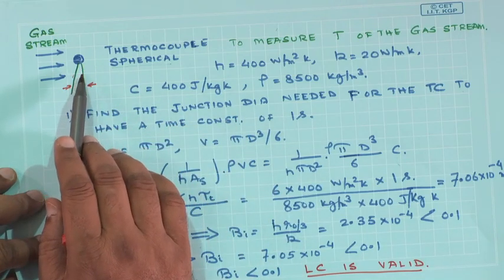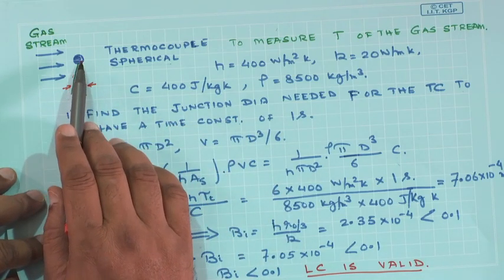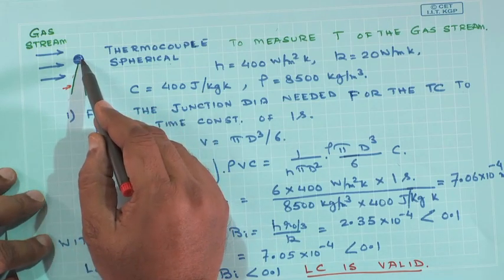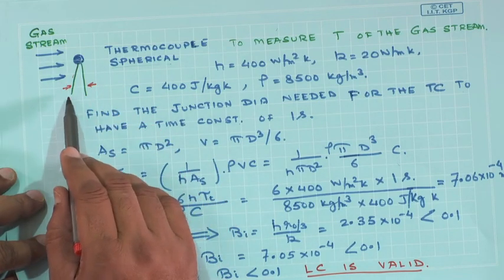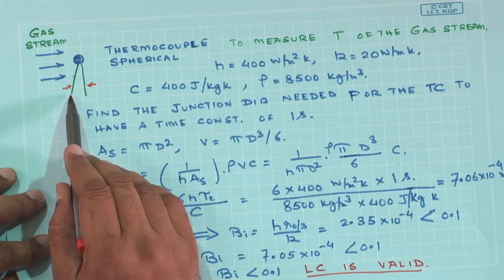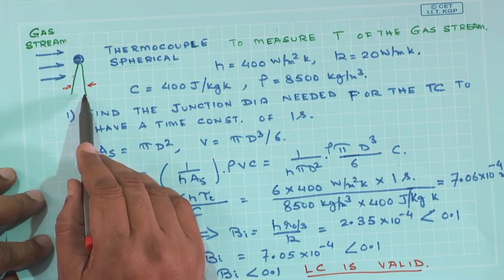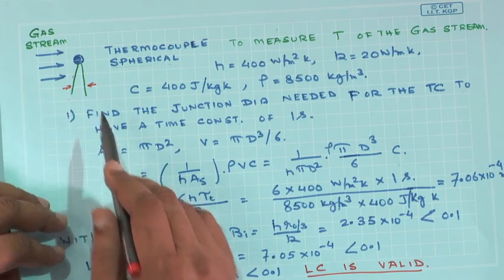So, not only have we not taken into account the radiative losses from the thermocouple bead, we also did not take into account the conductive heat flow through the leads of the thermocouple. So, the value that we have obtained as 5.2 seconds is subject to these two assumptions. But as a first estimate, it is safe to say that the response time of the thermocouple to reach the final temperature is roughly going to be about 5 seconds.